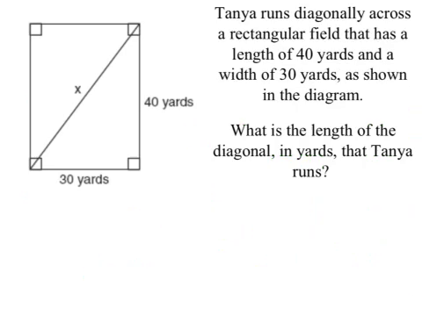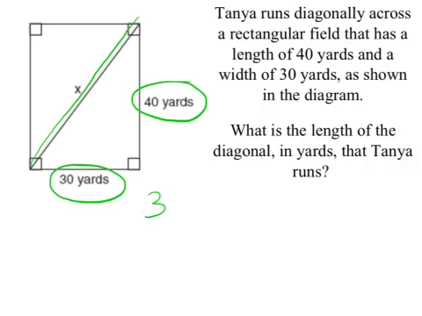The next problem involves cutting across a rectangular field. One of the dimensions of the field is 30 yards. The other dimension is 40 yards. And Tanya runs diagonally from corner to corner across the field, taking a shortcut. So Tanya's distance, x, is the hypotenuse of a right triangle, where the legs are 30 and 40.